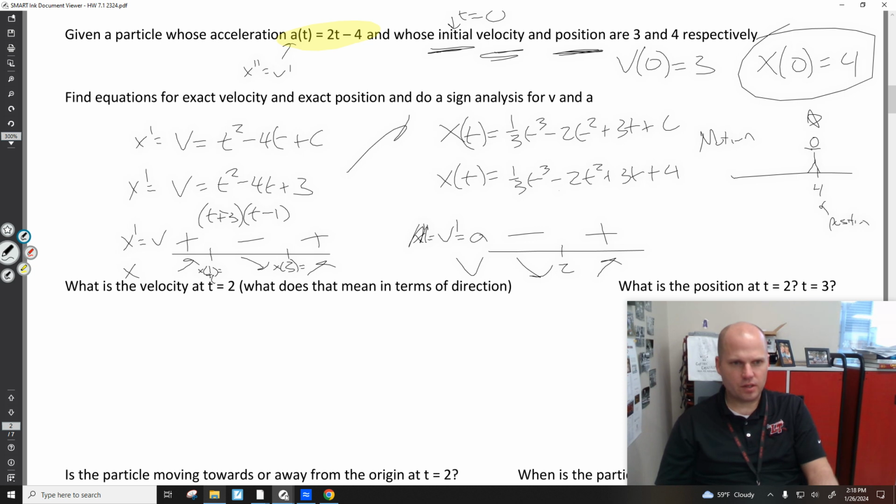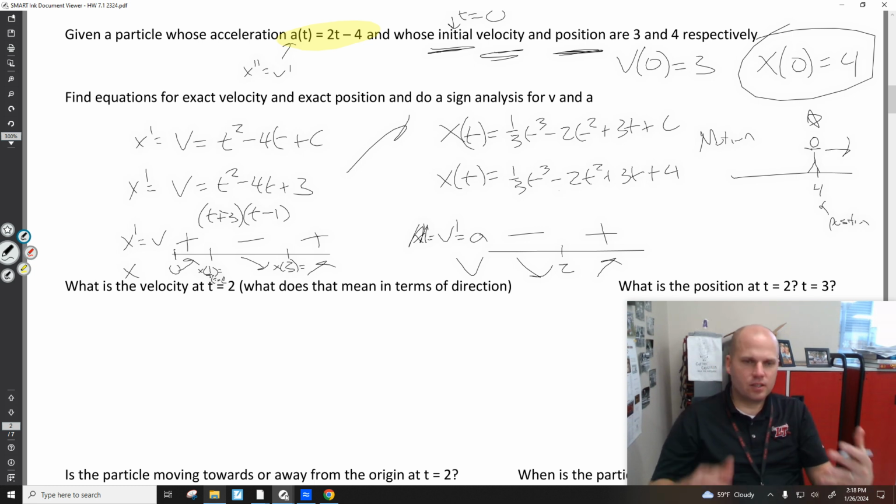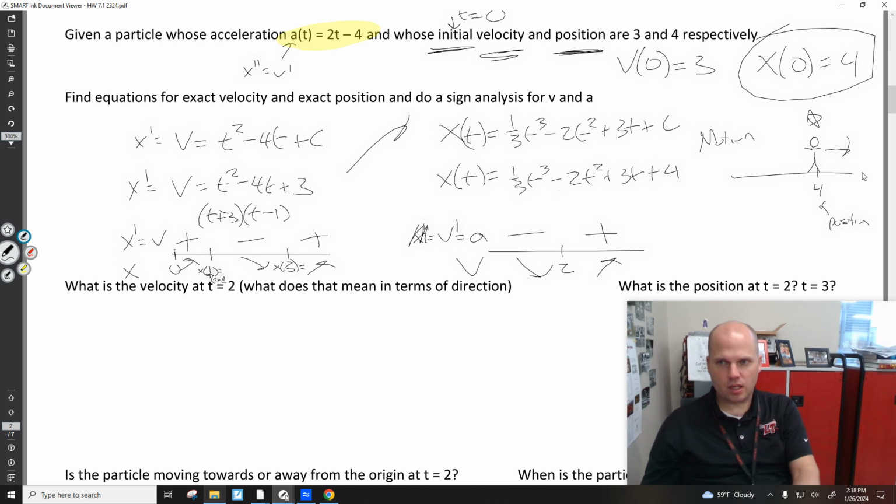T equals 1, time. Cool? My dude moves to the right till he gets to some position at time 1. My dude's position decreases. He starts moving to the left until he gets to his position at time 3. If I had time, I'd plug in 3 and get it. And then my dude finishes off by going to the right forever and ever.